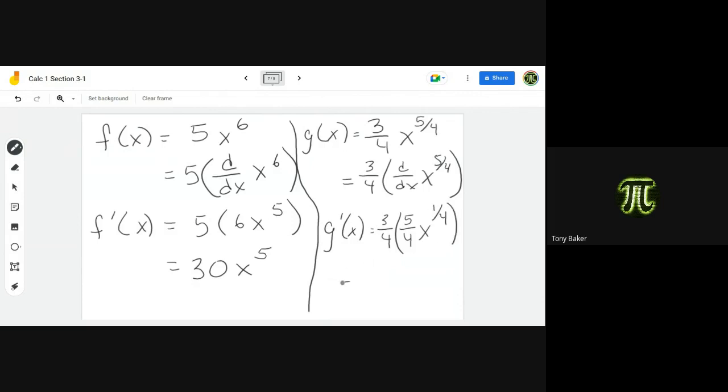So my final answer is 15/16 x to the 1/4. So while fractions make them look harder, the process is the same. And get comfortable with fractions, especially with exponents, because that's your roots. So x to the 1/4 is really the fourth root of x. Those are things that do come up quite often.